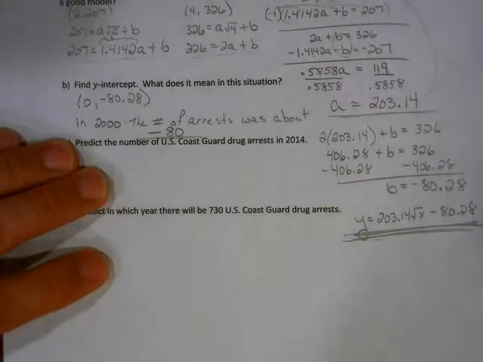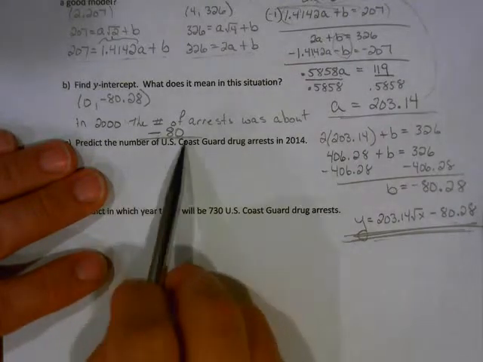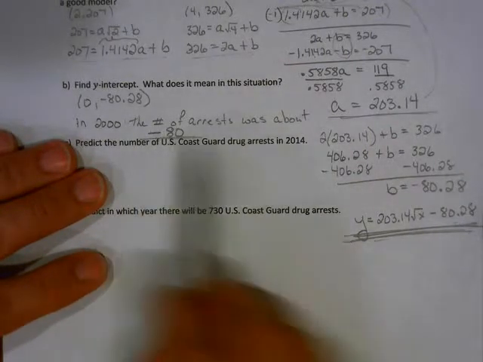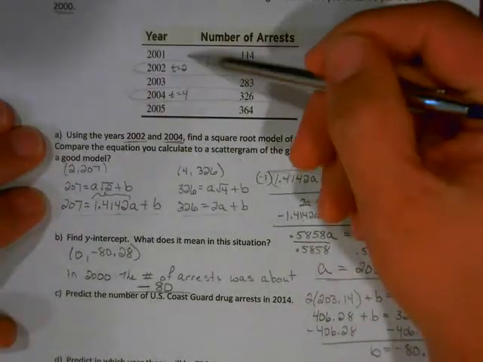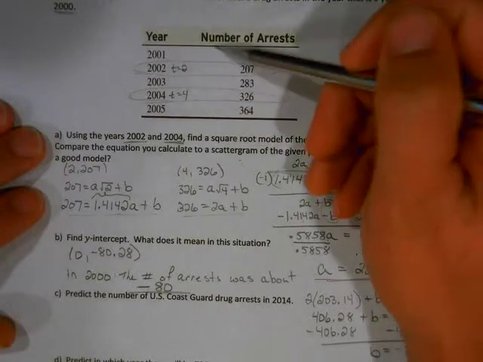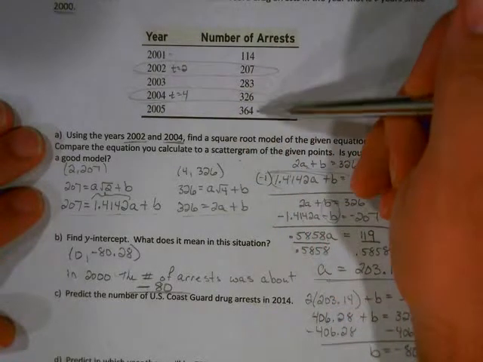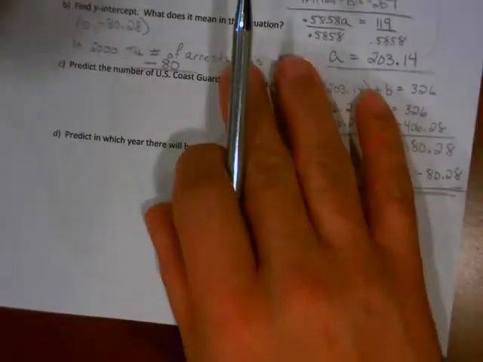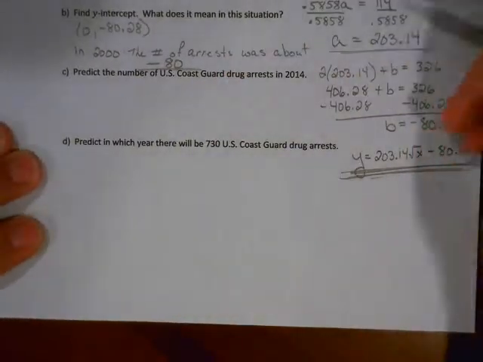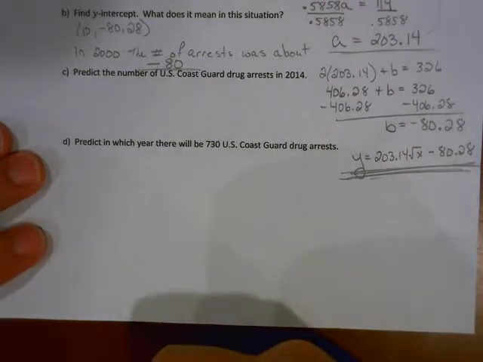Now that's what, based on the equation, this is really saying. But can you really have negative arrests? The answer is no. But based on that model, that's what it's saying. Now realistically, because this was our data, we probably should have started with 2001 as our 0, since that's when we started collecting this data. But if you're going based on the model, it's saying that there was negative 80 arrests.